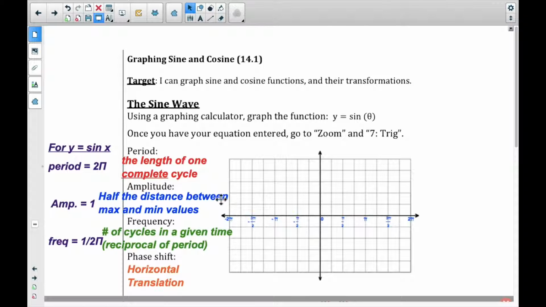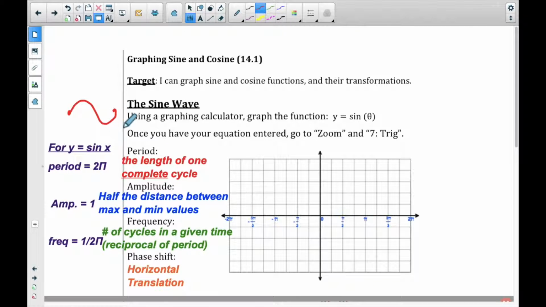Let's talk about some vocabulary, because if you don't know the vocabulary, it's going to be hard to refer to the different parts of the graph. So the period is the length of one complete cycle. And with a sine wave, one complete cycle means this.